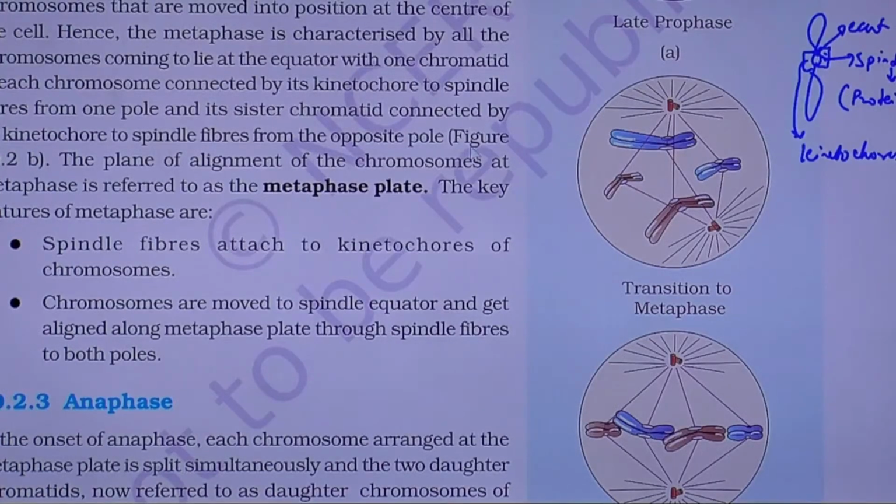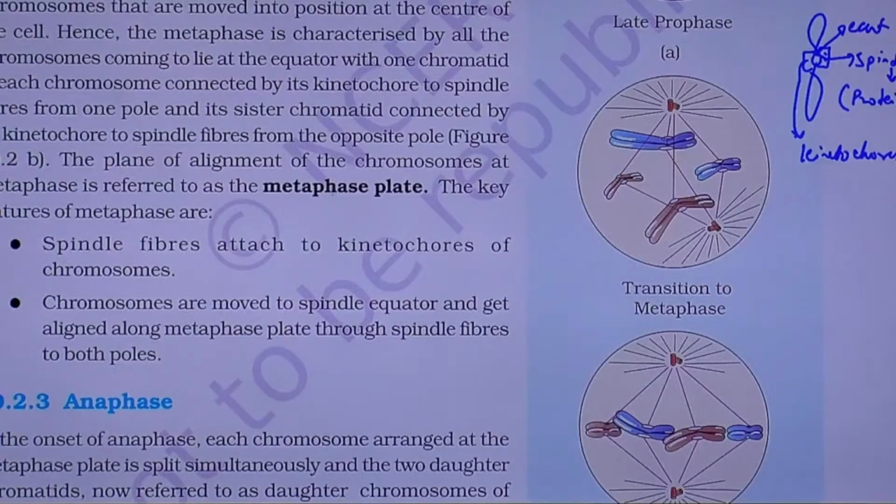So this will be the structure. See here the transition of metaphase. One chromatid will be at one pole, another at the other pole. It refers to an alignment, so a plane of alignment will be present, and that is called the metaphase plate.